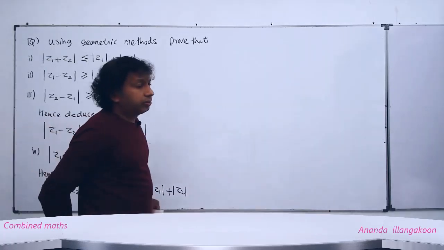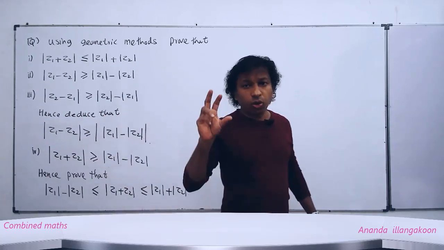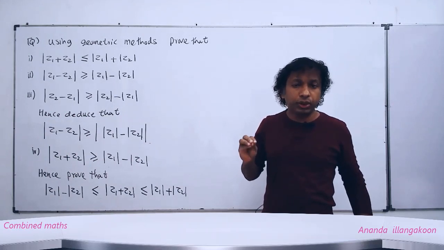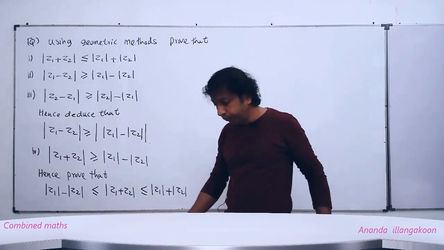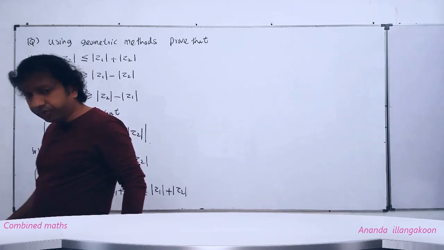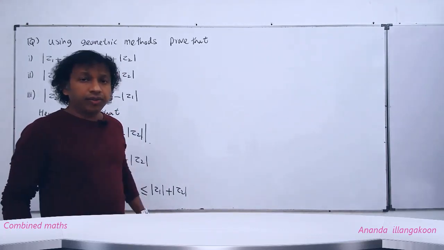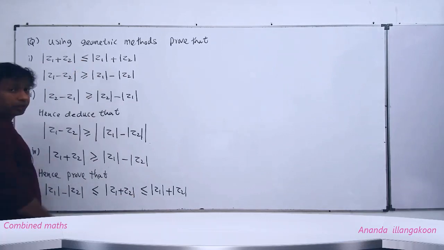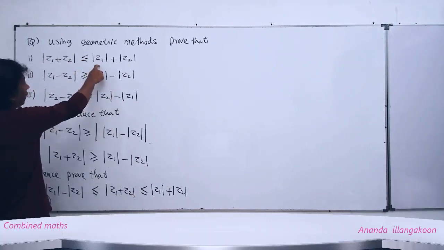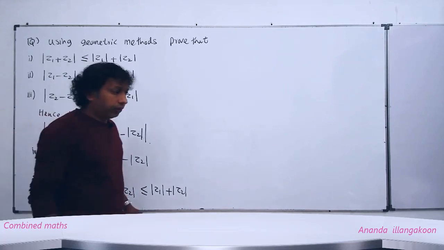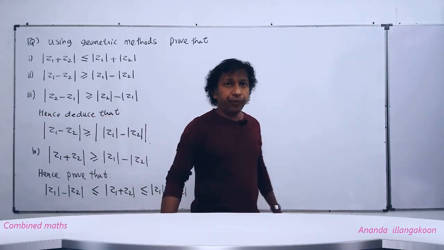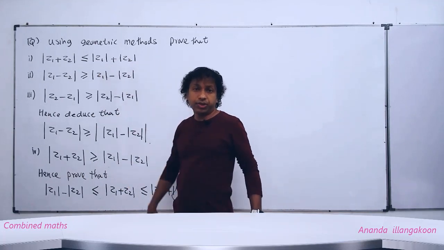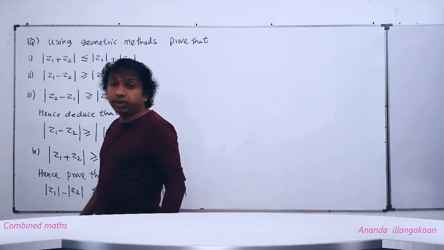In the past paper, I can remember a small part involving this inequality was to prove by using this geometric method. Using this geometric method, explain geometrically the reason why this happens. That was the question in that past paper.